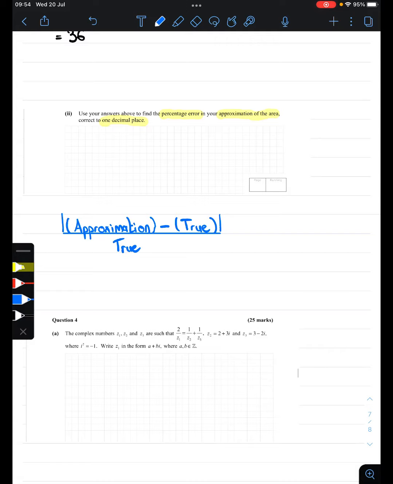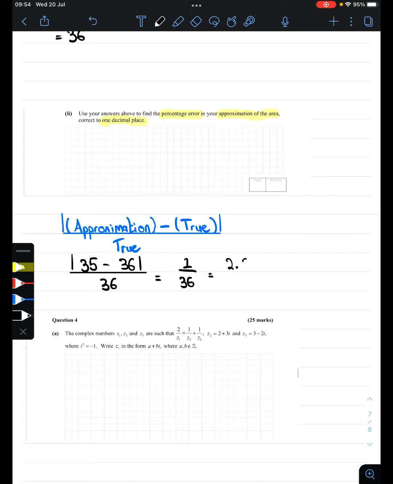So in this case, we have the approximation is 35 minus the true is 36, all over the true, which is 36. So this is just 1 over 36. And 1 over 36 is 2.77%.